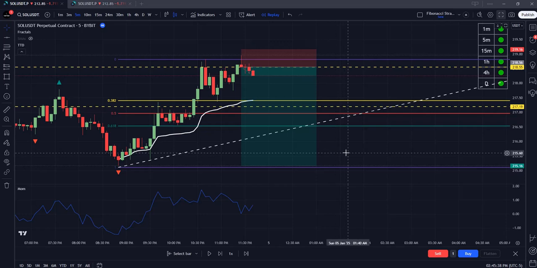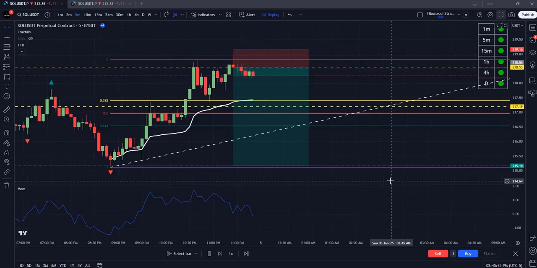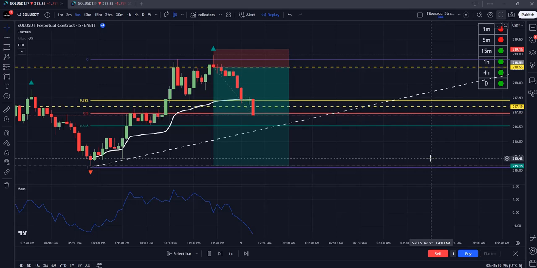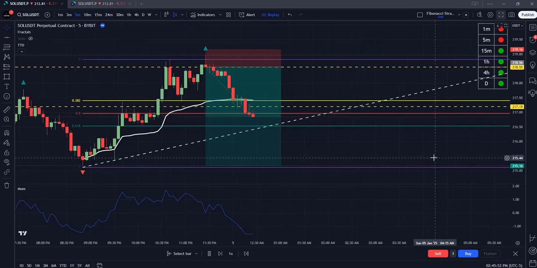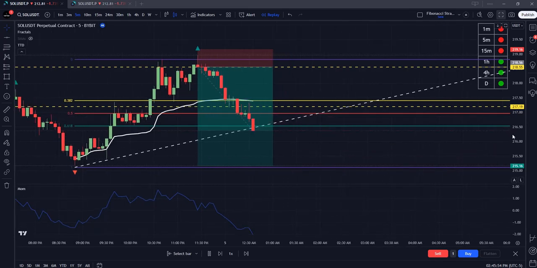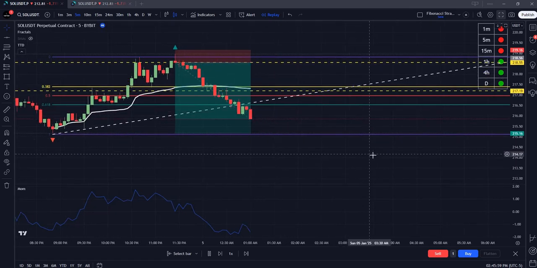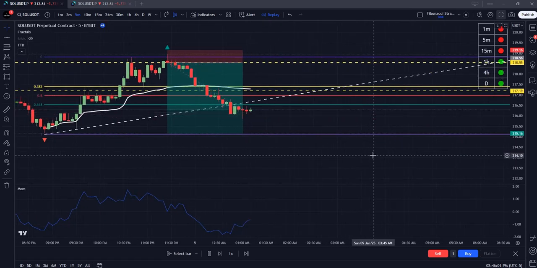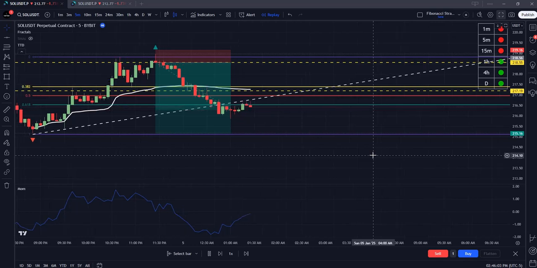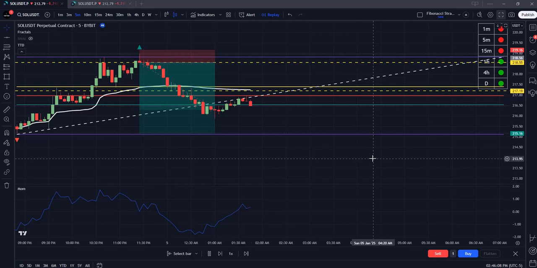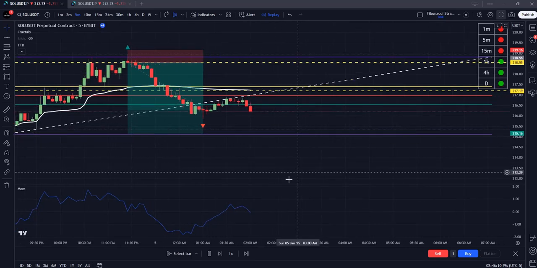I think it was a little higher last night when I looked at it, maybe my entry was a little different, but we played that out. It did kind of bounce around. It took a while to get to that mark at the bottom there.